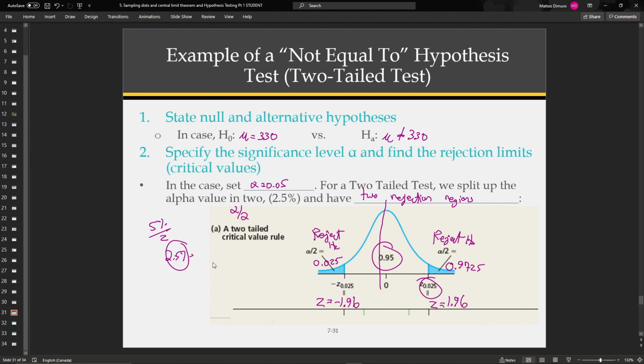So you're going to say if z is greater than 1.96 or z is less than negative 1.96, then we reject H0. So remember, you must have that statement.